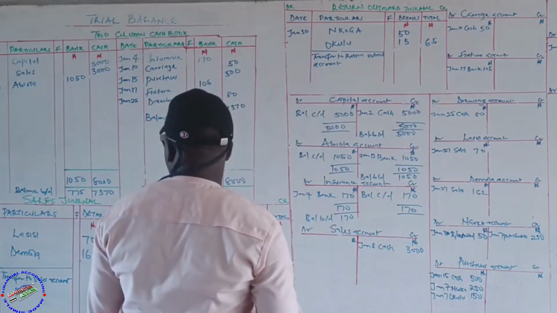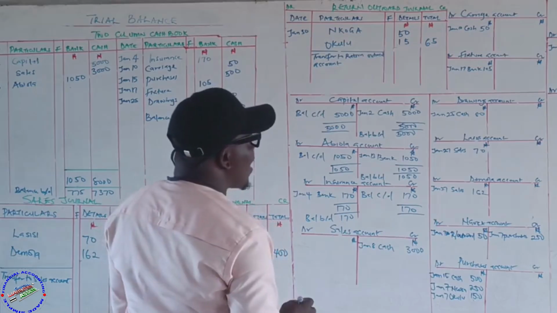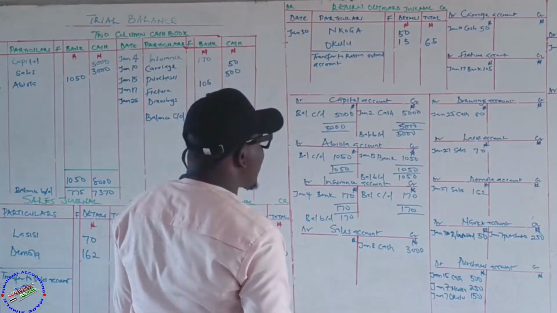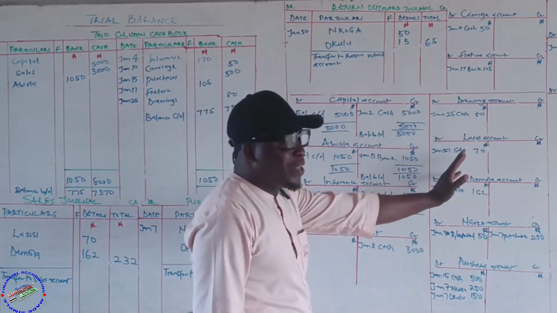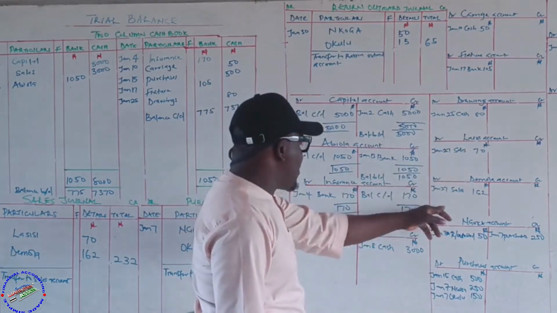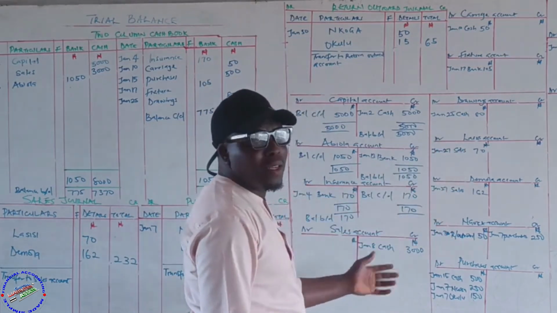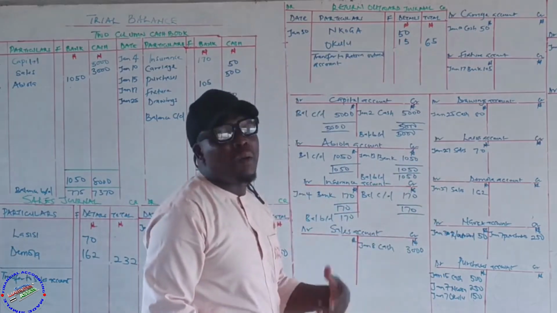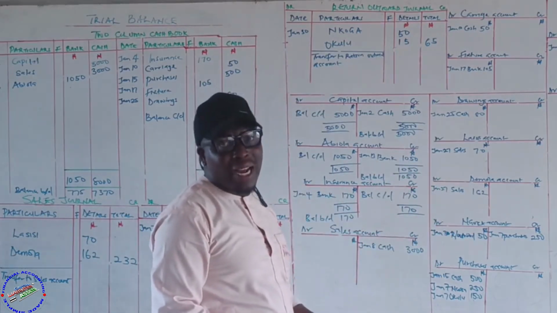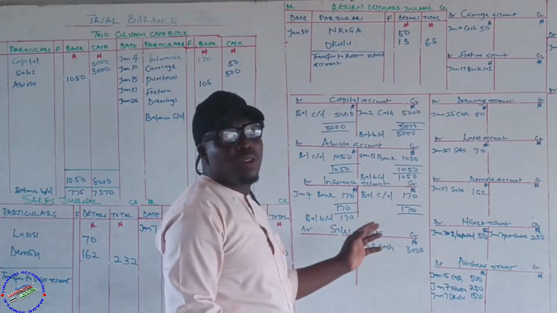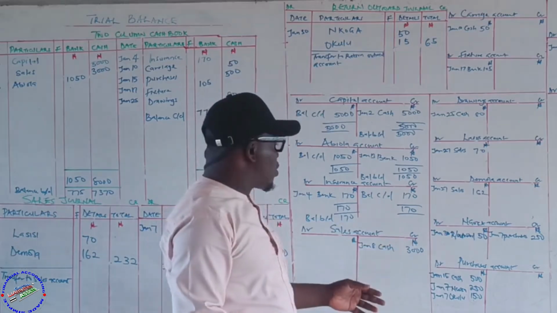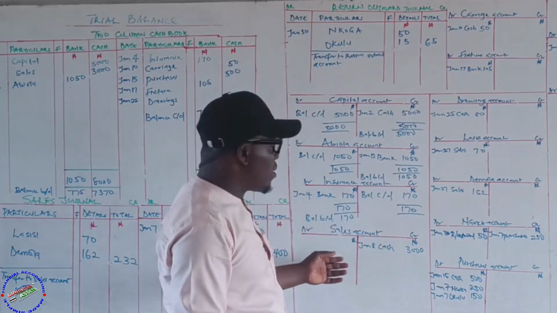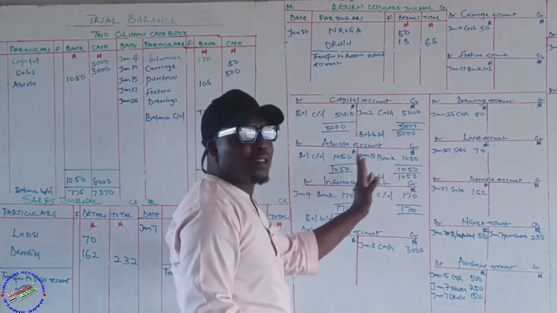For the sales account, I have made some mistake because I only posted one part of it. Lasisi and Demola were not posted to the other double entry, and this will likely affect our trial balance, because the trial balance will not balance if you have missed out on something. So immediately I saw it, I have to bring back the double entry part.